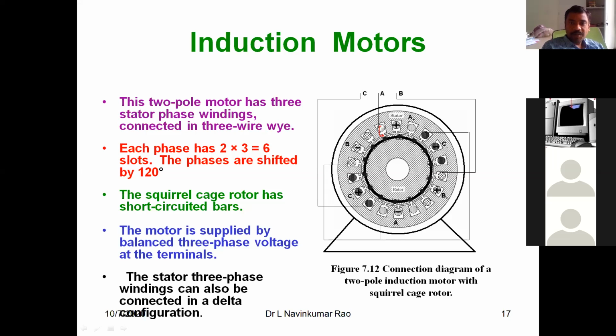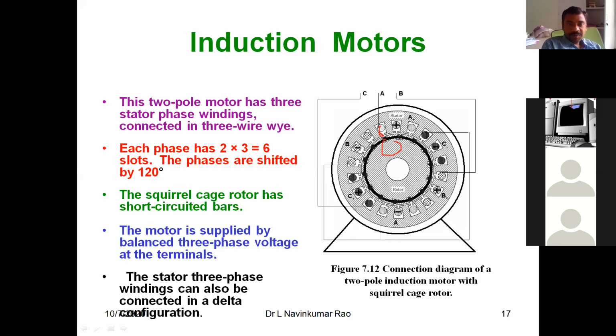Here, these are the slots. In the slot, stator winding is there. This is rotor, and these are rotor slots where rotor bars are there, squirrel cage bars are there. So depending upon number of slots, each phase has 2 into 3, 6 slots. Because total number of slots are 24.